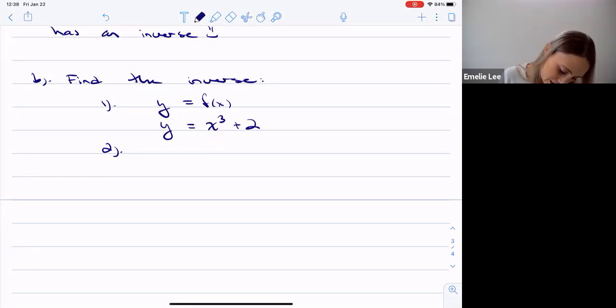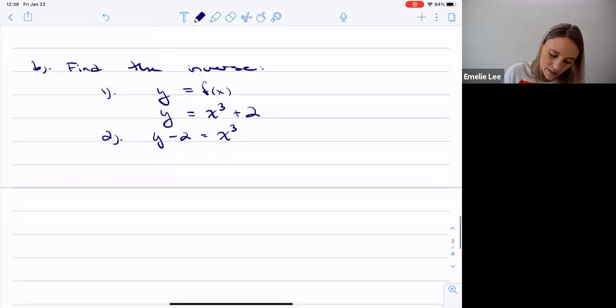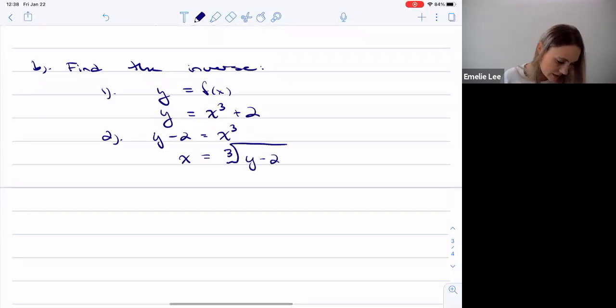So I get y minus 2 is x to the power of 3. What's nice about the third root is anything goes into it, and like we said earlier, it retains that negative. So taking the third root of both sides, I get x is the third root of y minus 2.